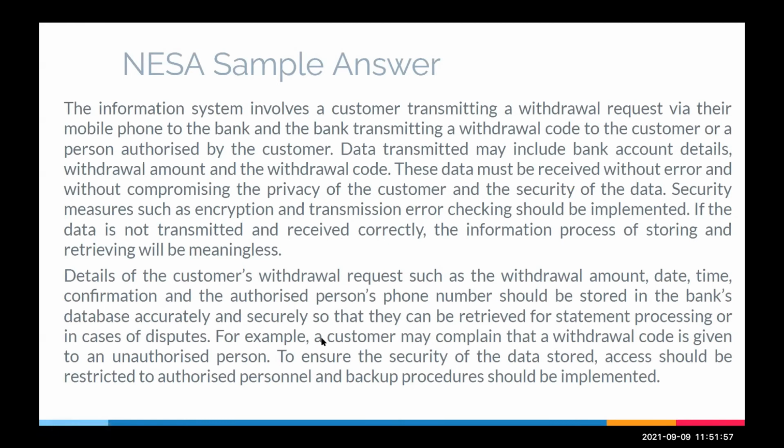For example, a customer may complain. See, whenever you give an example, remember in trials, I'll talk about being specific, right? Let's look at the way they have been specific: a customer may complain that a withdrawal code is given to an unauthorized person. That's a very specific scenario.